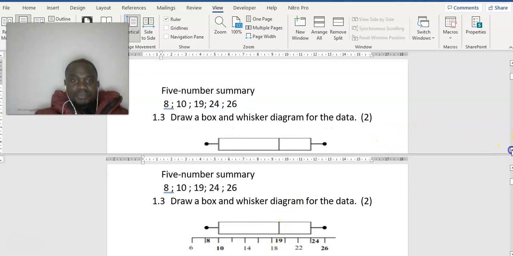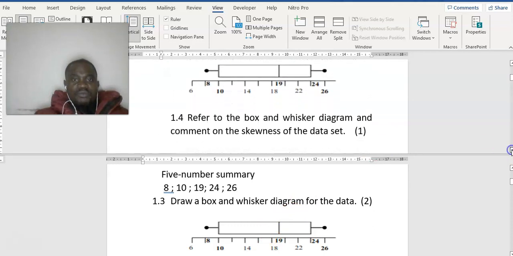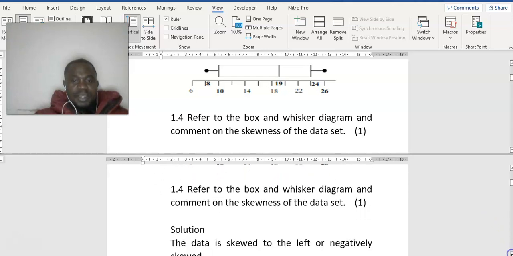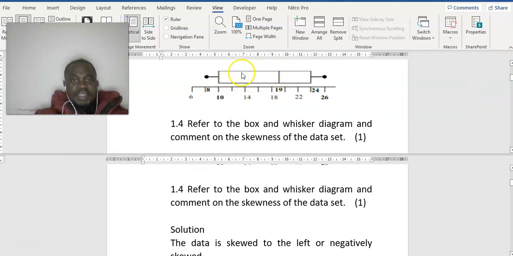Okay, let's look at the next question. Refer to the box and whisker diagram and comment on the skewness of the data. To comment on the skewness, if you check this box and whisker diagram, you see that the box here is bigger on the left than on the right. So we say it's skewed to the left, because anytime you are considering the skewness, look at the box.